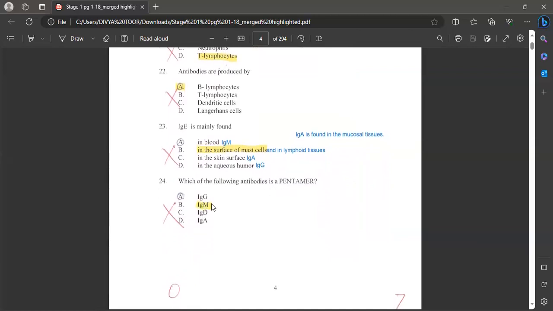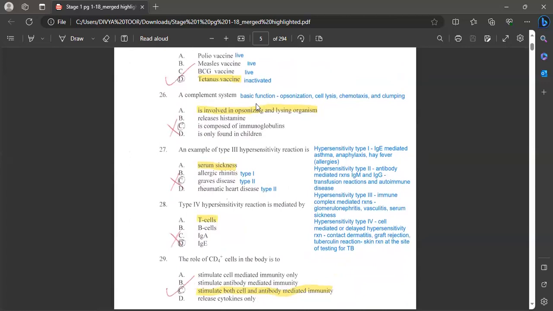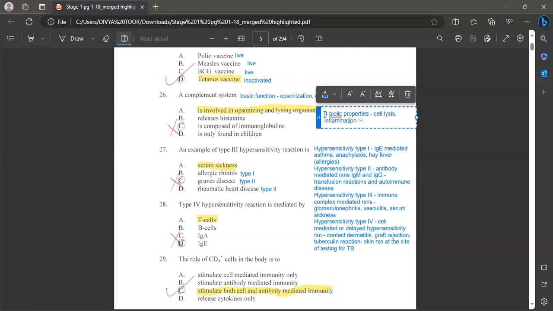Pentamer is the 5-point one, IgM. Then the complement system is involved in opsonizing and lysing organisms. Also, I think in the notes the complement system has 4 biological properties, maybe they'll ask the question. It has cell lysis, inflammation, opsonization, and clearance of immune complexes.